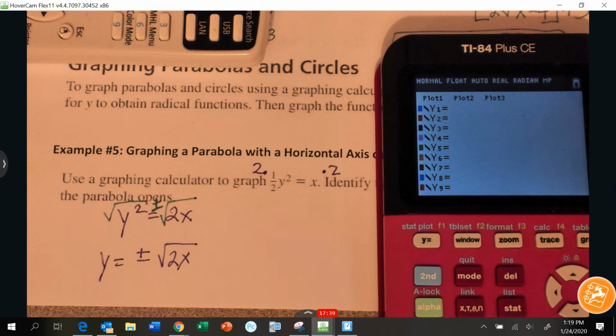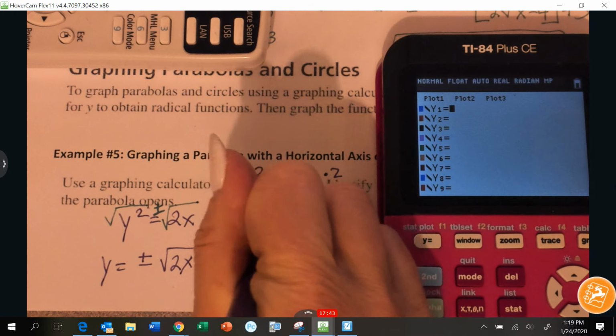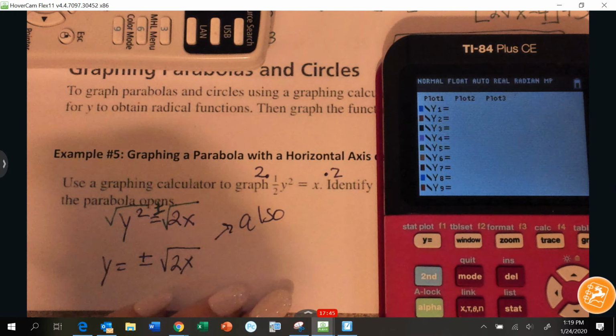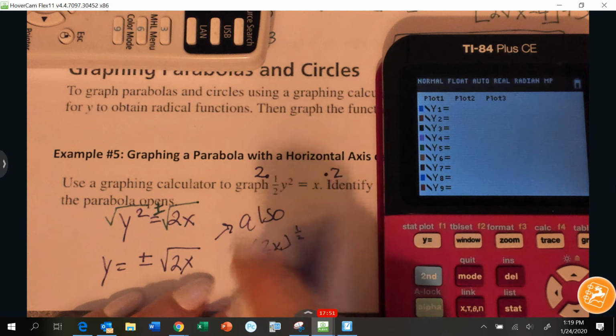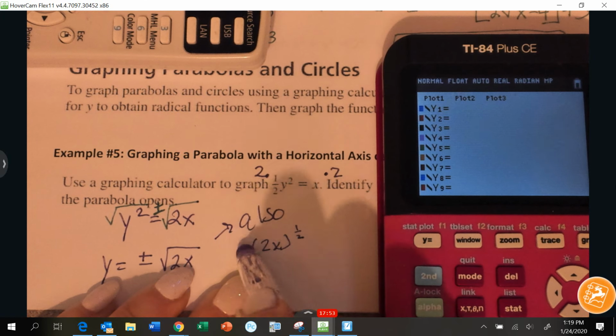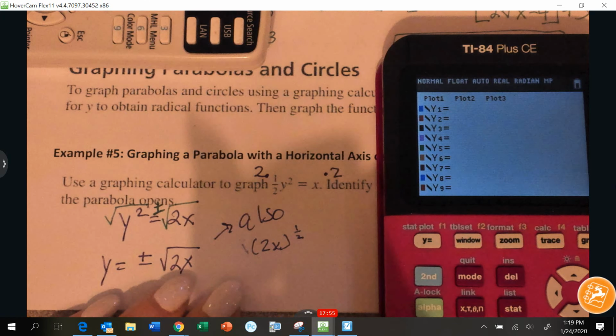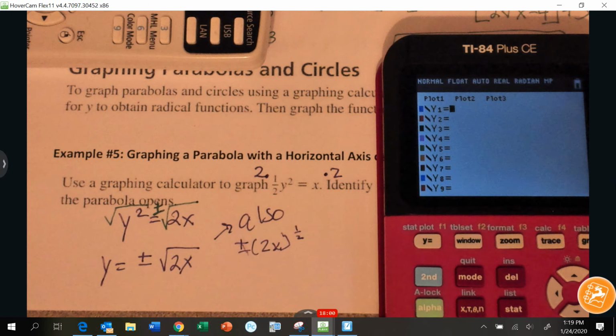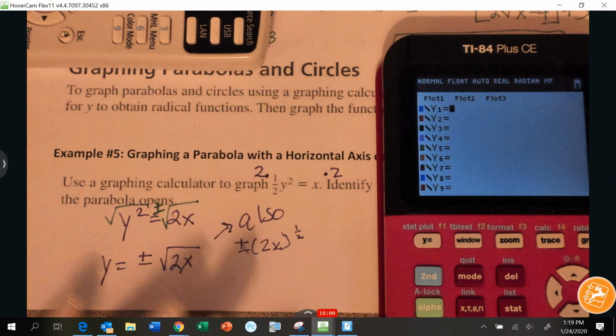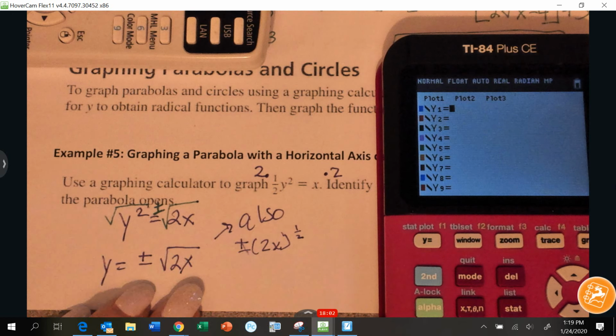It's the square root of x to the first, which is also, we don't need this, but I'm explaining to you, 2x to the one half. So x is to the first power and that won't get rid of it. So this is what we have. As long as y gets by itself, it doesn't matter if it's simplified for graphing.